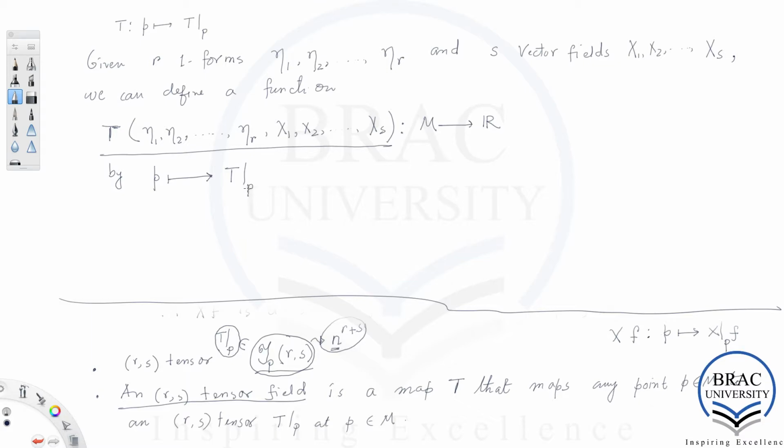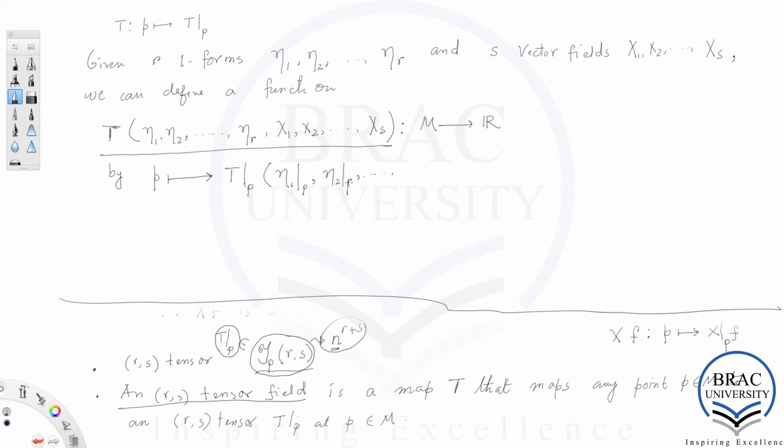T at P is an (R, S) tensor at P, and that is going to act on R covectors, by restricting each of these one forms to the point P. We are going to get a covector. So if we restrict each of these R one forms to the point P, we get R covectors.